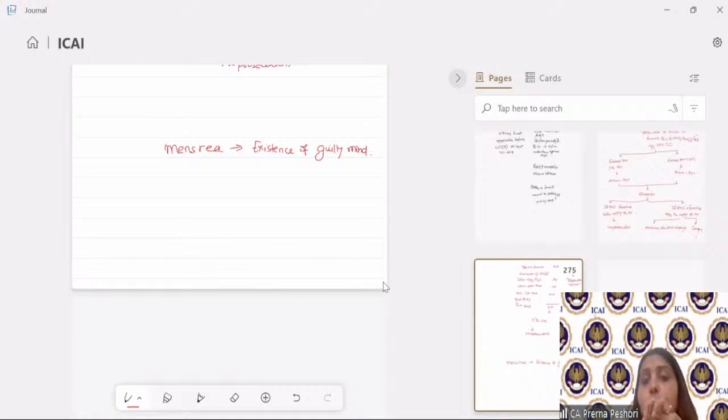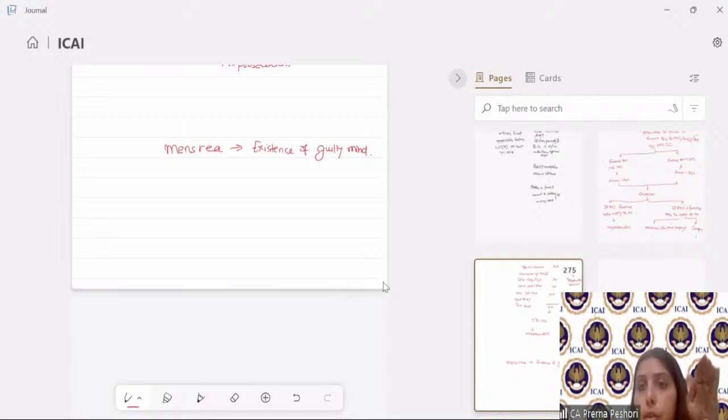Therefore, there is a presumption created under the Act that the person who has committed an offense had certain intention of committing that offense.